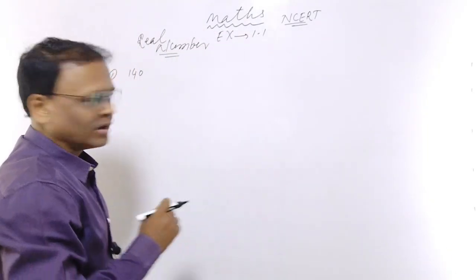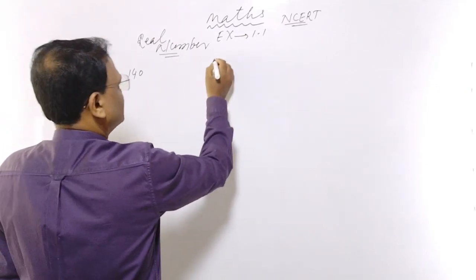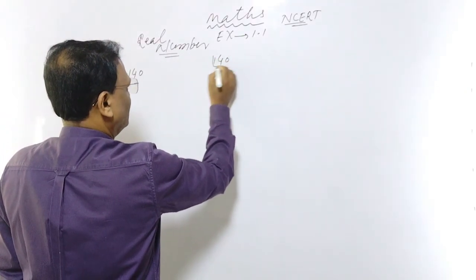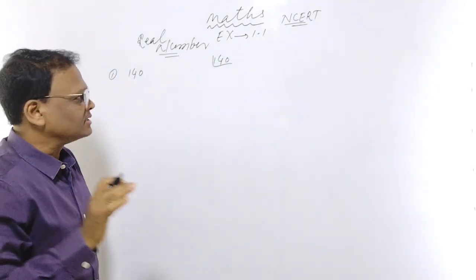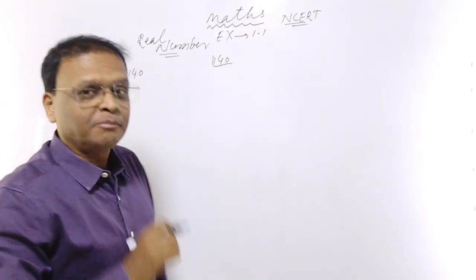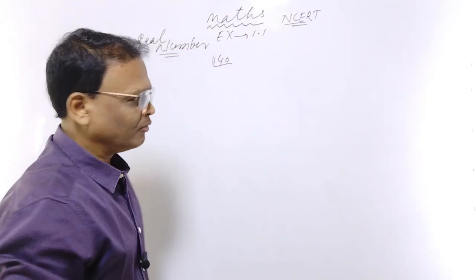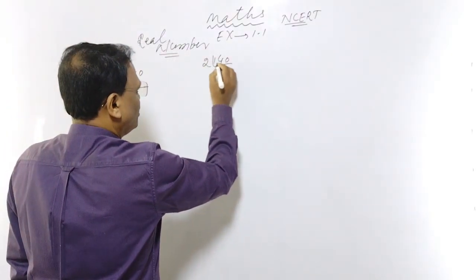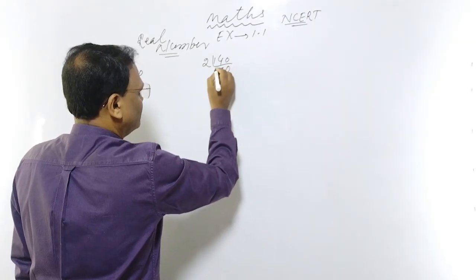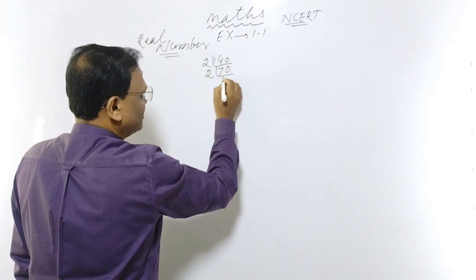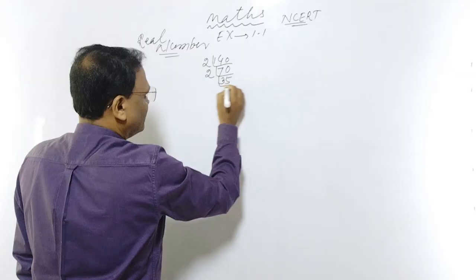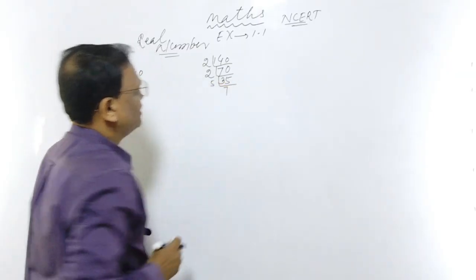The first one is 140. Okay, now let's find what prime numbers we are having in 140. So let's start. 2 7s are 14, 0. Again if I start, 2 3s are 6, 2 5s are 10, now 5 7s are 35.